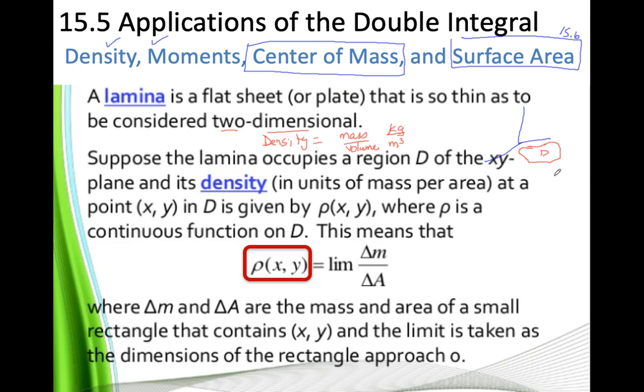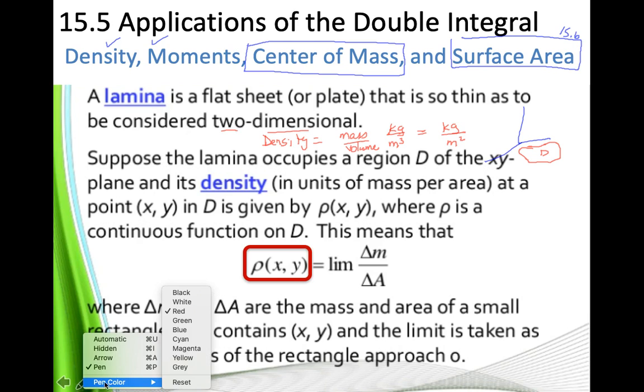But again, we're going to consider that this is so thin that we consider density in units of mass per area, so we reduce this exponent to meters squared.